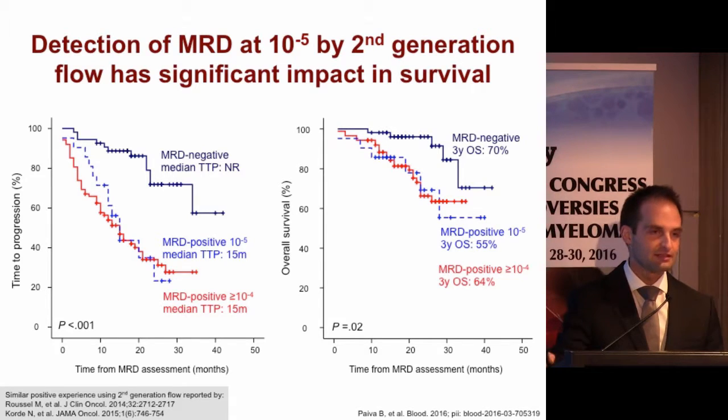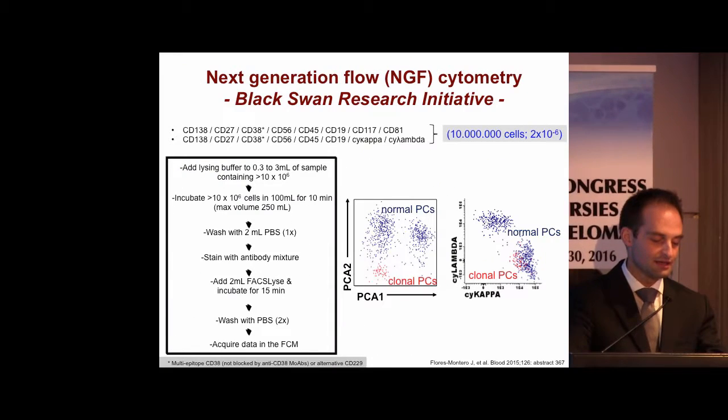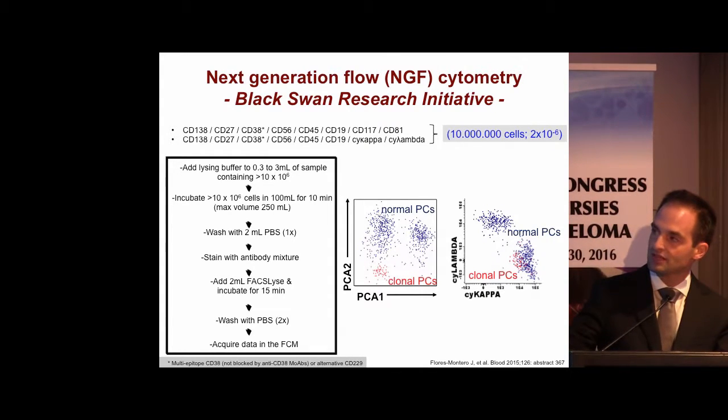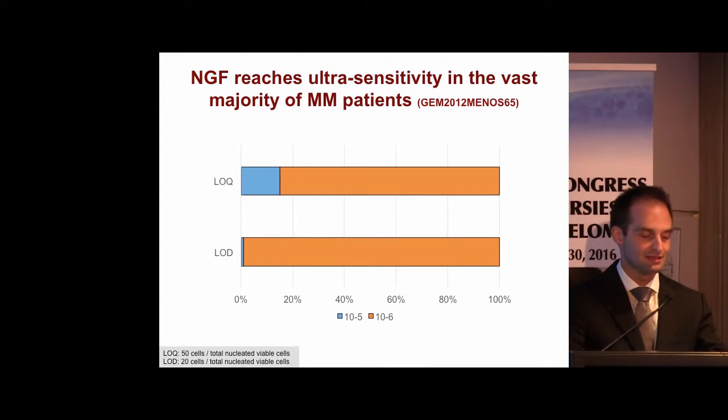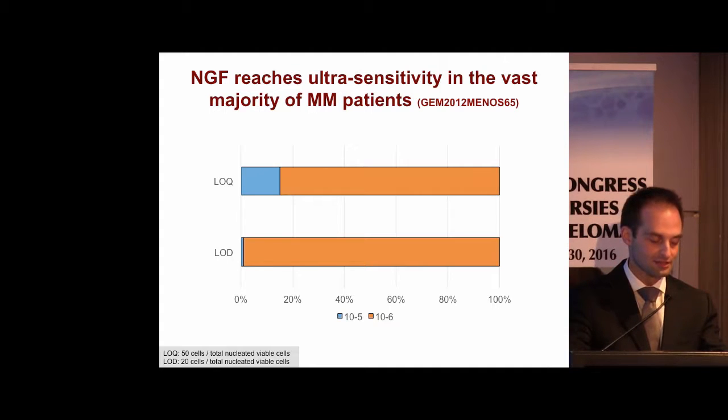In fact, nowadays, with over 1,000 patients being tested with the NGF assay, we can say that the accurate limit of quantitation is in the range of 10 to the minus 6 for approximately 85% of the patients, and the limit of detection is in the range of 10 to the minus 6 for virtually all myeloma patients, younger or elderly patients.